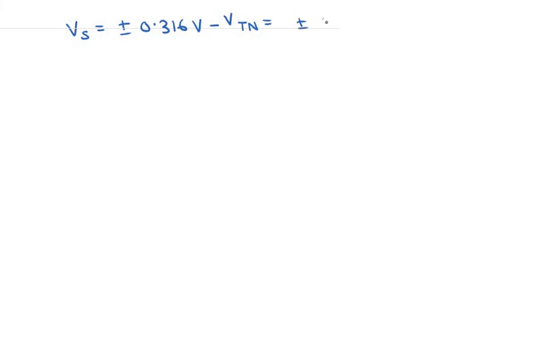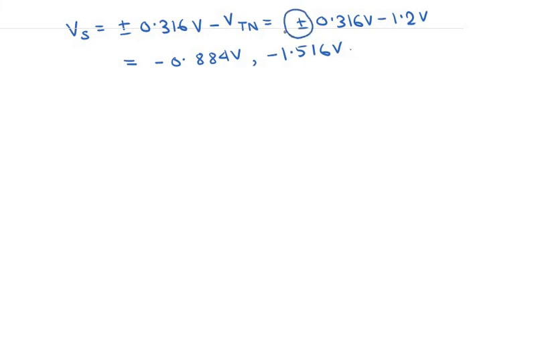So plus minus 0.316 volts minus 1.2 volts, which gives me minus 0.884 volts and minus 1.516 volts. So like the previous case, here also we have two solutions, one for the plus sign and one for the minus sign.